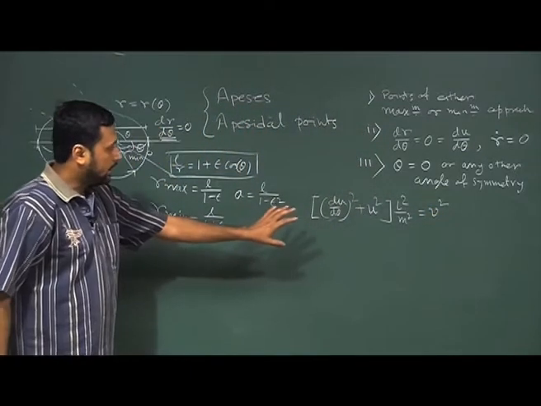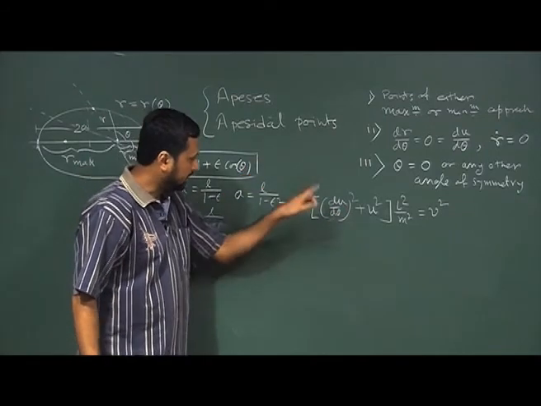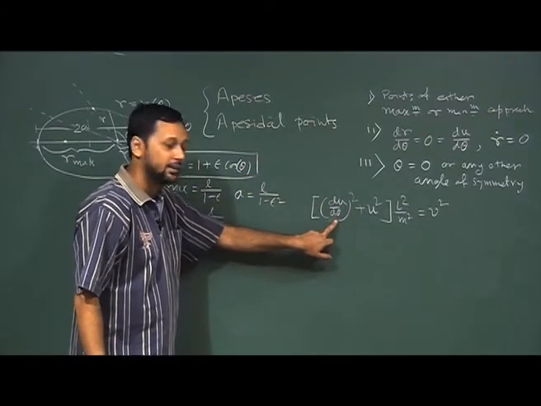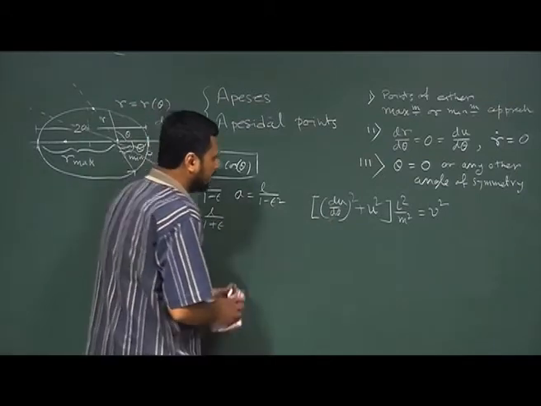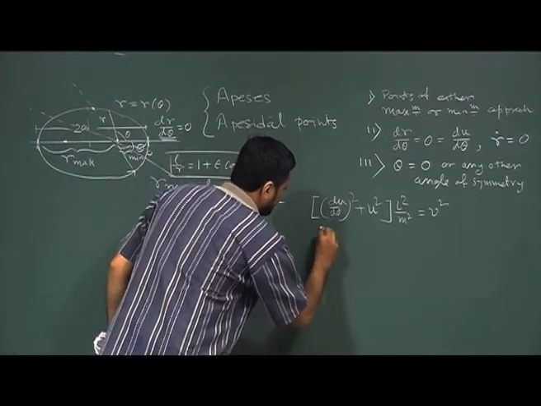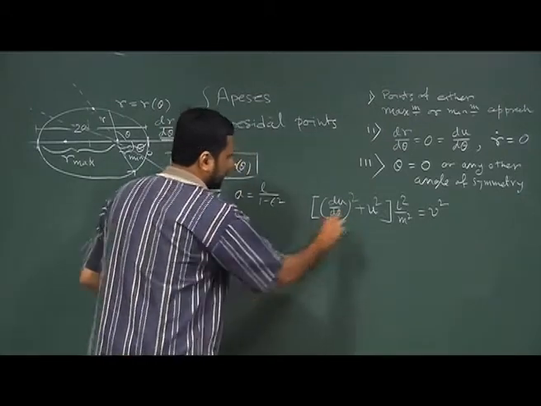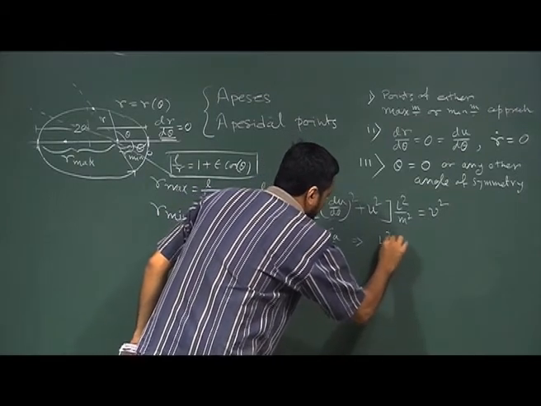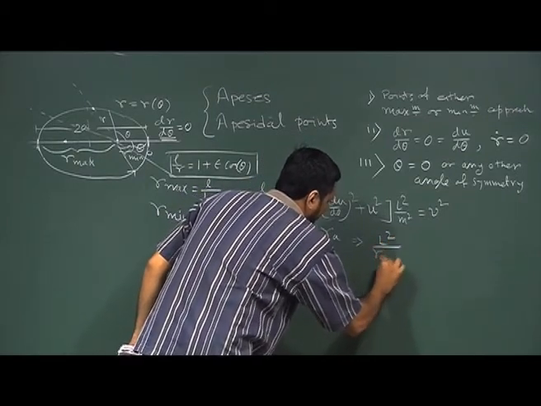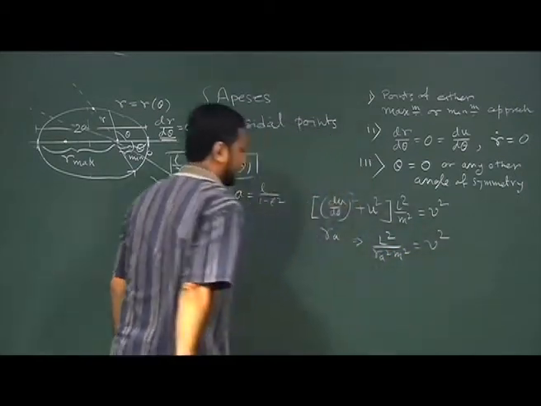Now, when the particle hits an apsidal point during the trajectory, this term vanishes. So, at a particular point, if we denote the apsidal distance by r a, then we immediately see from this relation that L squared by r a squared m squared is equal to v squared.